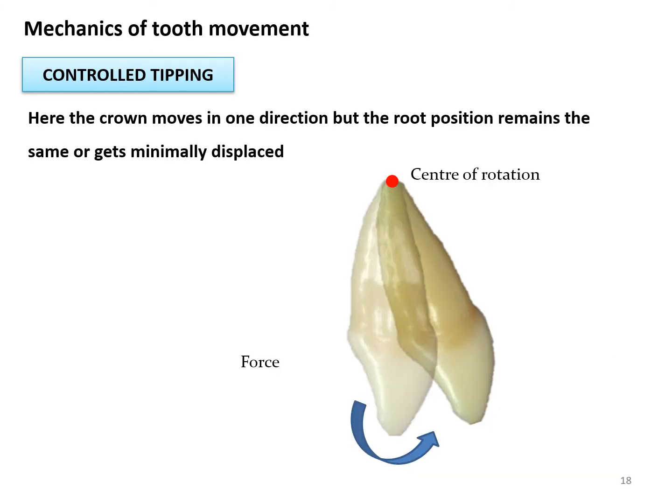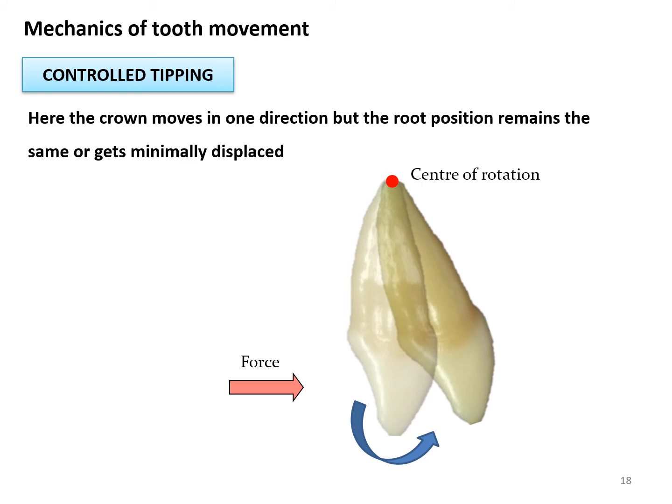So tipping can be controlled and uncontrolled. Here we will see what is controlled tipping. When there is force application on the crown, the crown moves in one direction, but the root position remains the same or gets minimally displaced.